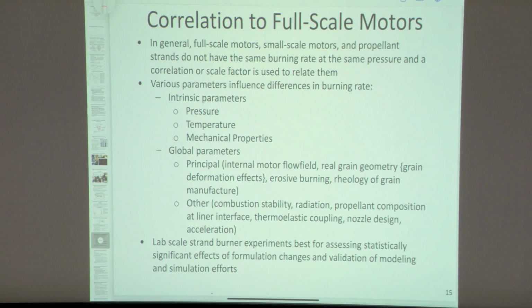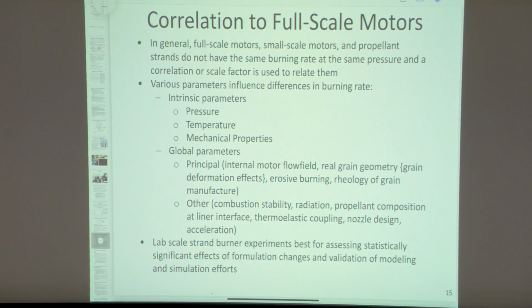Erosive burning, the rheology of the grain manufacture. And then in a motor, there could be other things such as combustion stability, the fact that if it's a center perforated grain, the flow's going down the grain, so maybe the radiative contribution is different than just a strand or in a real motor.